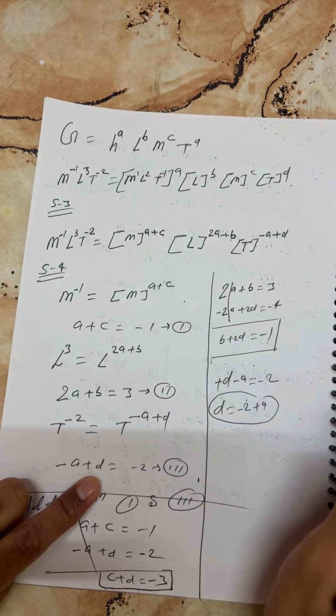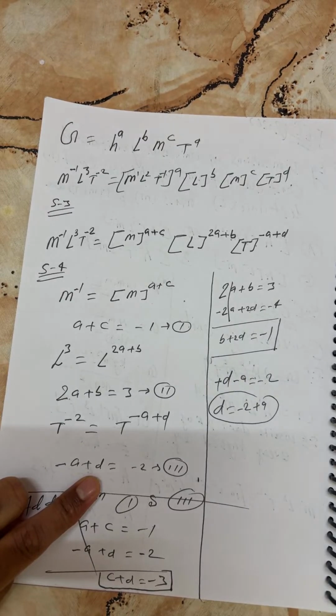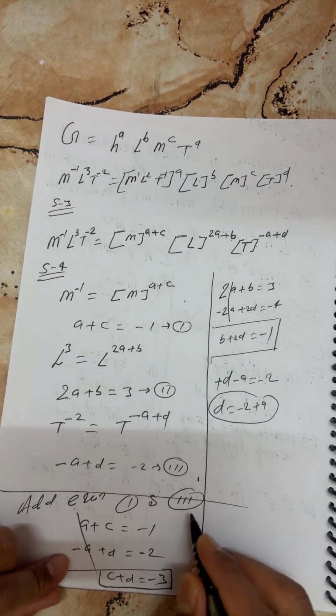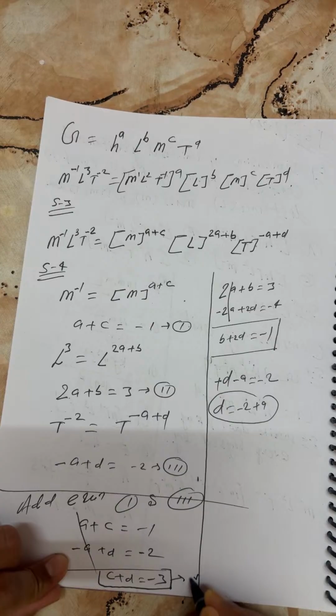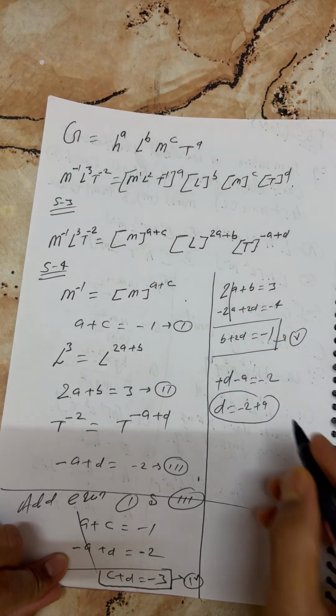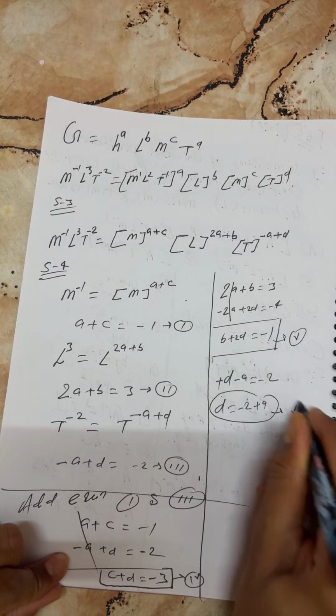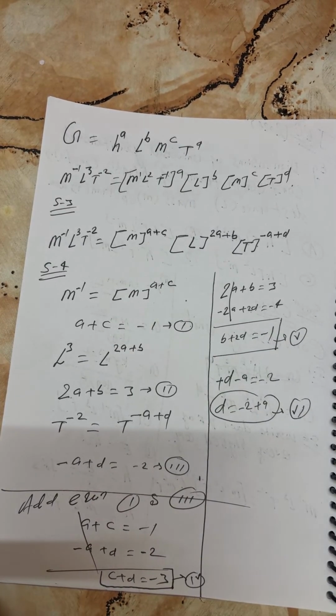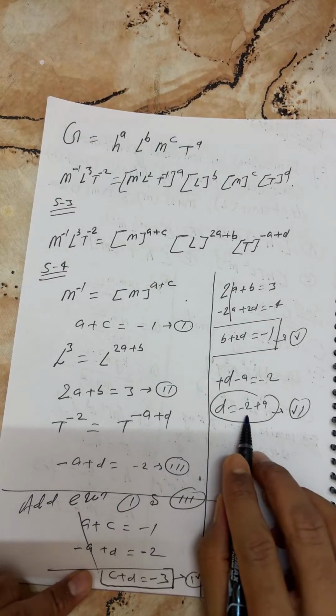This d we can feed into this equation. You can name these equations number 4, 5 and 6. So d is minus 2 plus a.